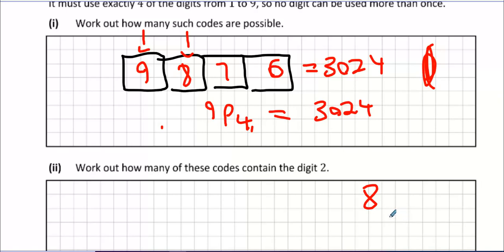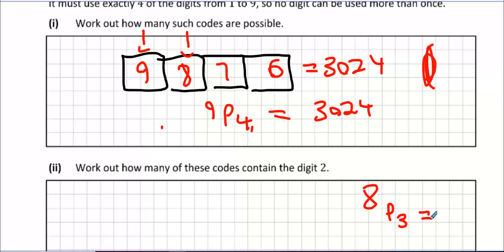I chose 2 as one of the numbers. Oh, 2 could be in 4 different positions, right? I'll take that into consideration in a second. So 8, pick 3.